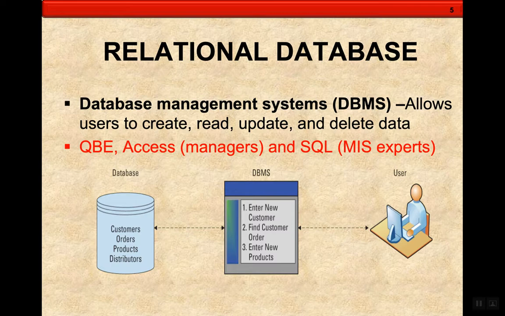To capture and use data, you need a structure, some sort of mechanism or form that can hold it. The platform used for this in most modern businesses is what we call a relational database.